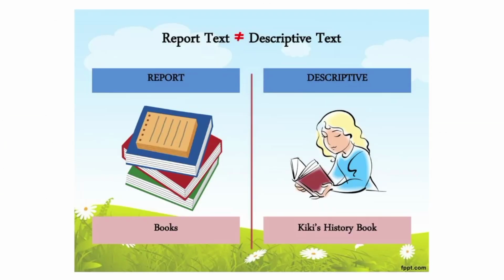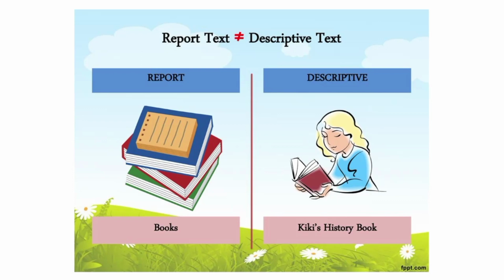Now let's look at the difference between report text and descriptive text. As I told you, report is more general and descriptive is more specific. For example, we have books. Let's say this is the title. This is general, books in general, not only one book, but books in general.